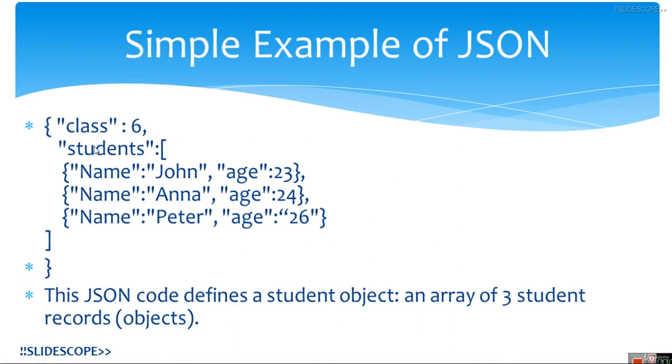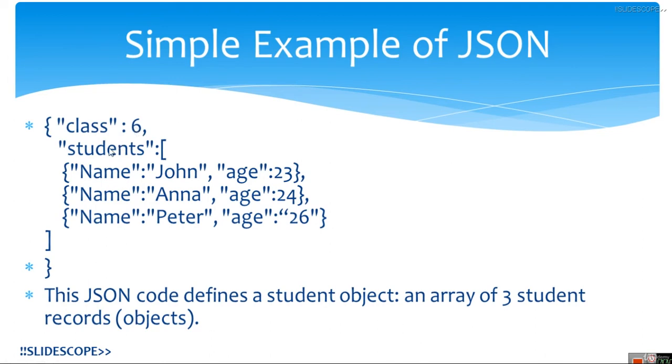When you talk about students in particular, the type of data that is stored in students is an array of 3 students, and the value that is stored in the class key is of integer type.